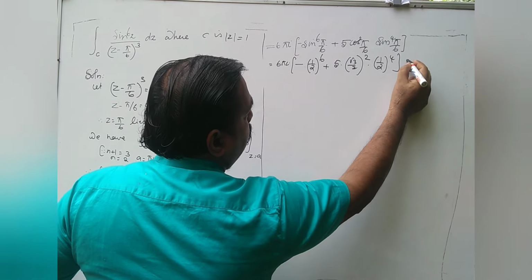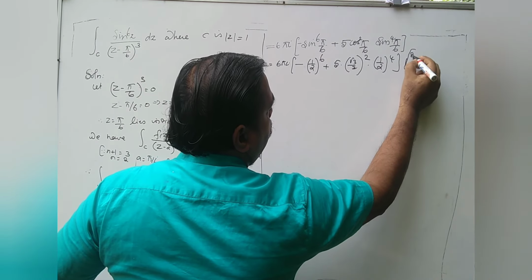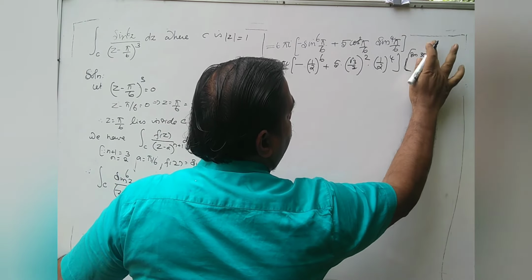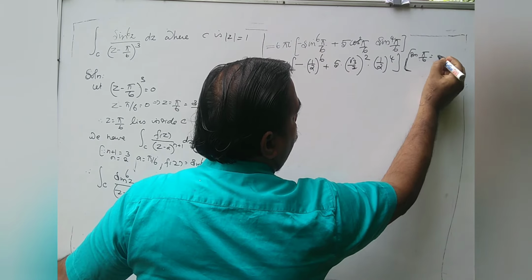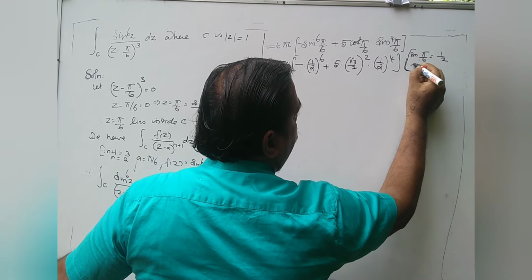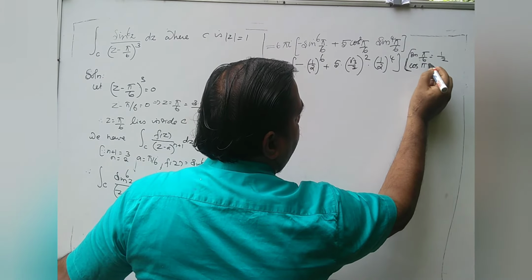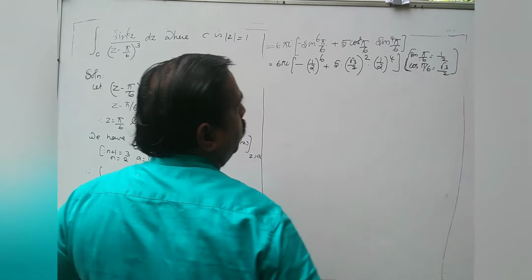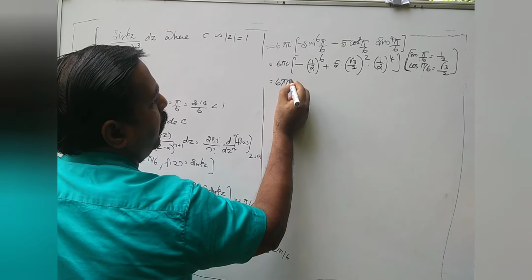So let us write the values. What are the values? Sin 30 degree, or sin pi by 6, it is better, is equal to 1 by 2. So cos pi by 6 is equal to root 3 by 2. Now simplifying, that is equal to 6 pi i.